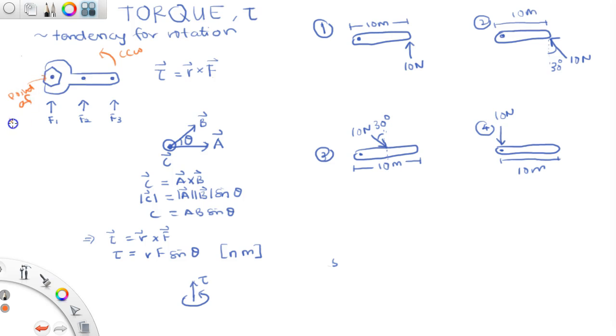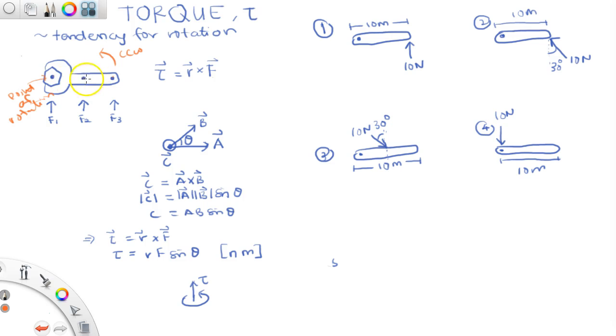Giving force here is easier than at this point. And if you give a force at the point of rotation, the screw will not rotate.